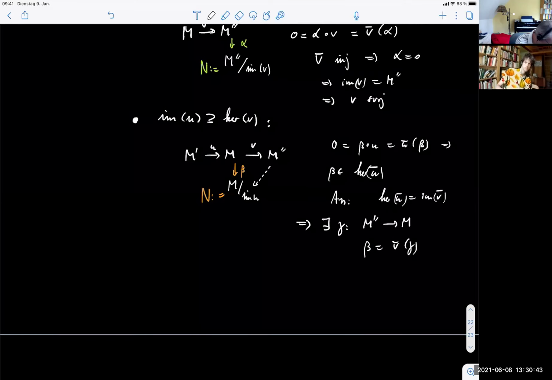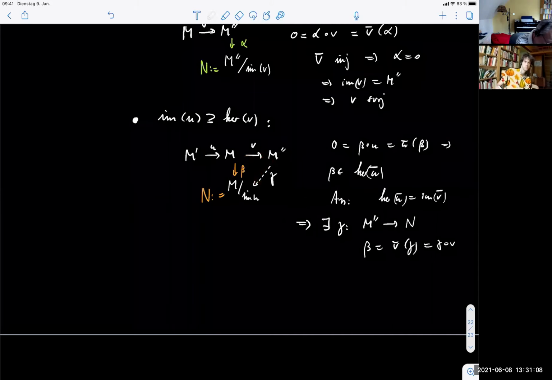Okay, sorry, this should be N. I made a mistake. This is N. So then it makes sense because this is just a composition. First do V, then do the gamma. It's very abstract, but you just go step by step. So I have this gamma.